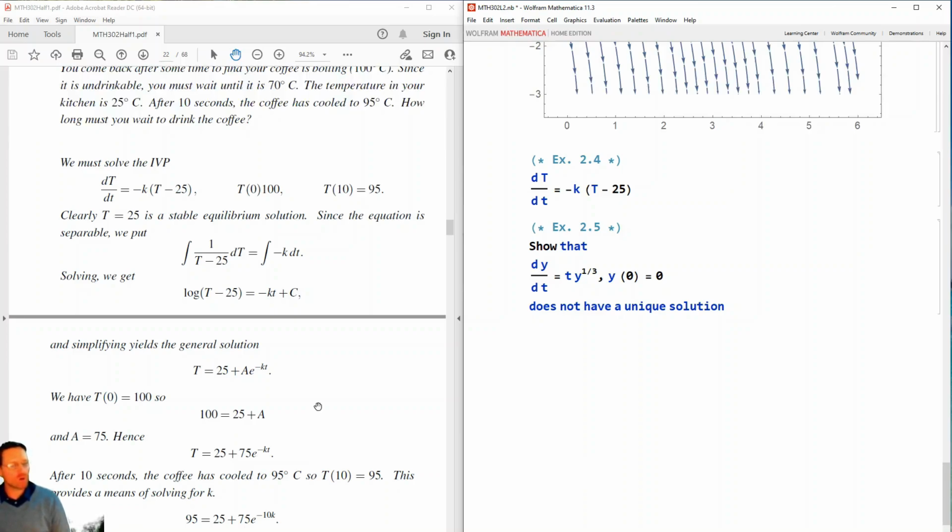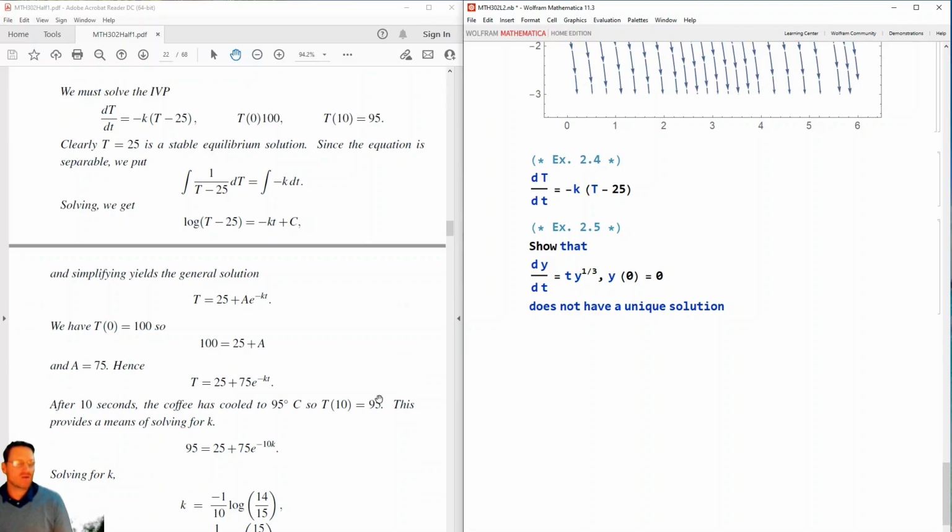We want to find our particular curve. Subtracting 25 from both sides, 100 minus 25 is 75. So that gives us our value of a, which is 75. So we see now that t is equal to 25 plus 75 e to the minus kt. And that's the solution to our initial value problem.